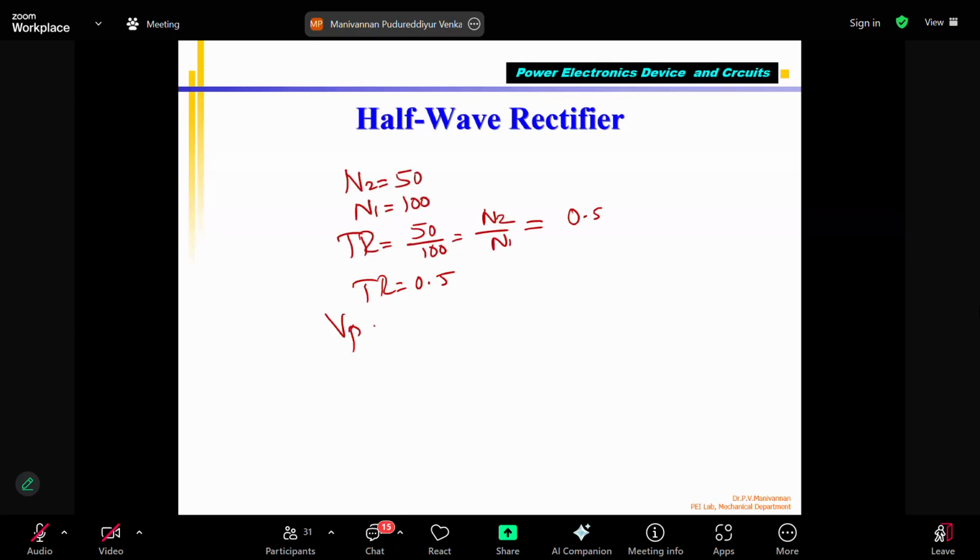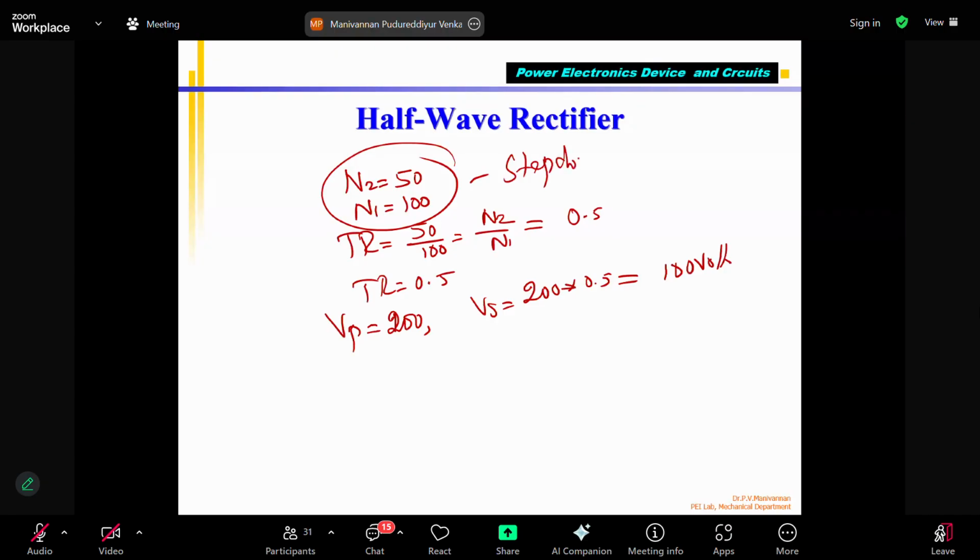Now, if my VP equals 200 volts, VS will be 200 multiplied by 0.5. It gives 100 volts. Right? So this transformer is called a step-down transformer.